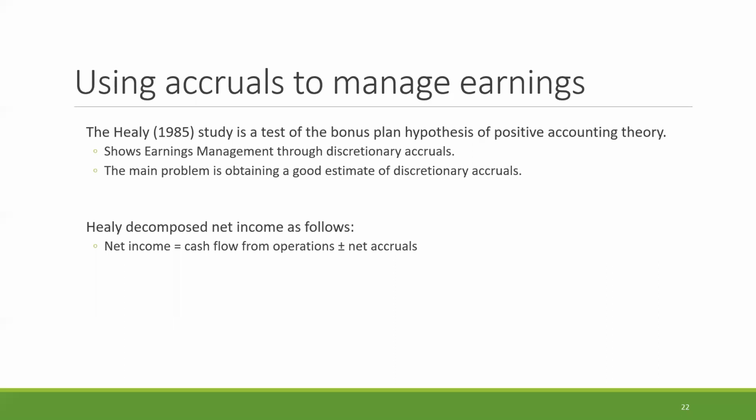And if my income was 100 and my cash flow was 120, then the accruals were income decreasing. Because ultimately, net income should correlate as much as possible to cash flow from operations.